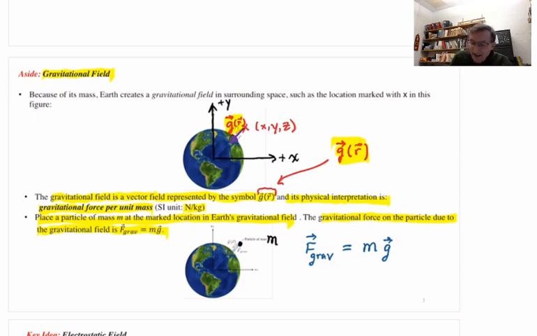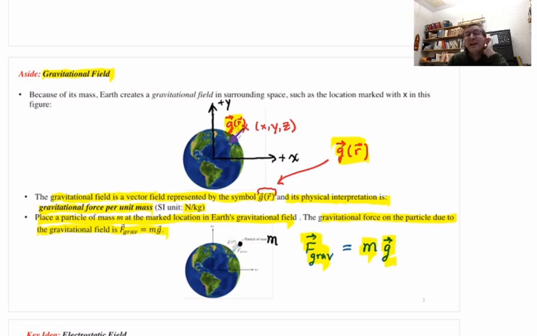And note, since mass is a scalar, and it's positive, the force vector, F grav, is in the same direction as the gravitational field vector, g. Okay, so with knowledge of gravitational field at a given point, you can calculate the gravitational force on any particle that's put at that point.